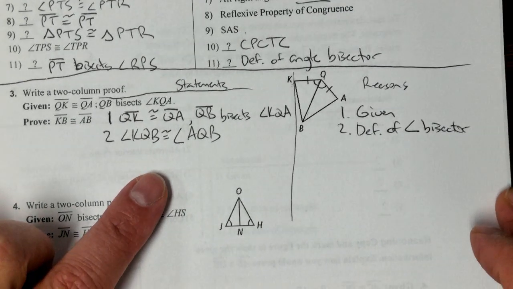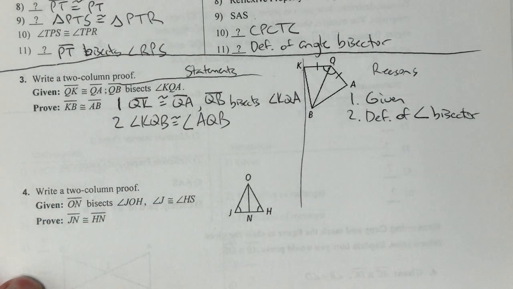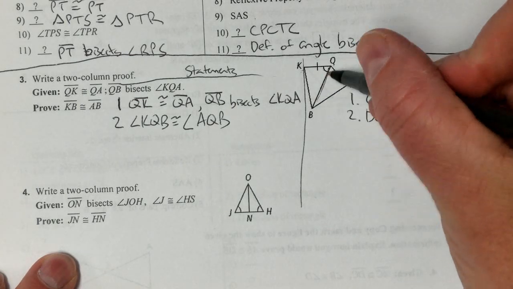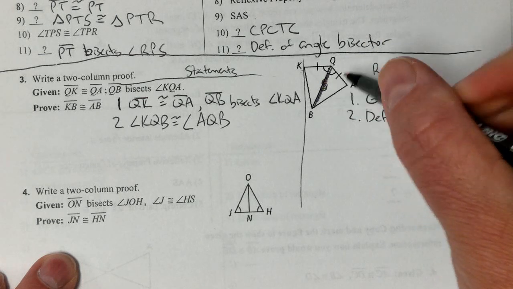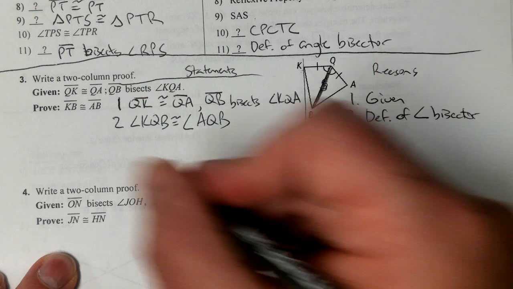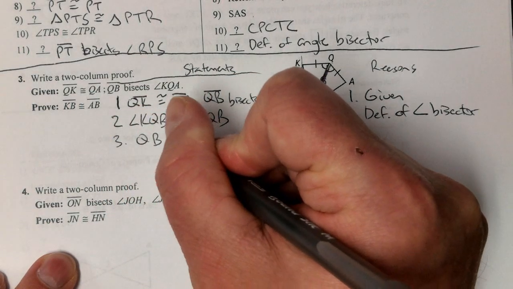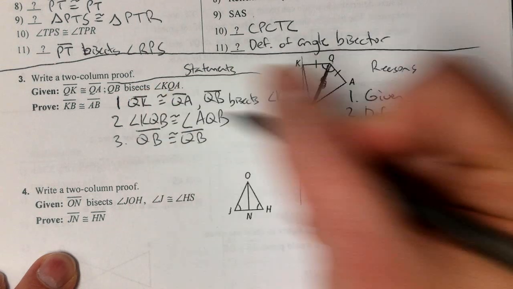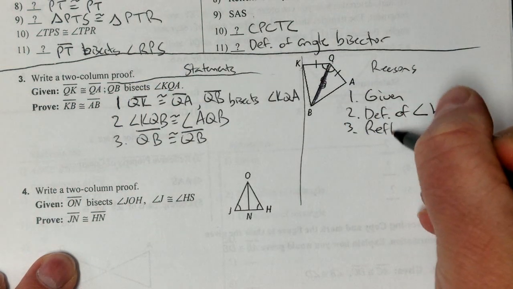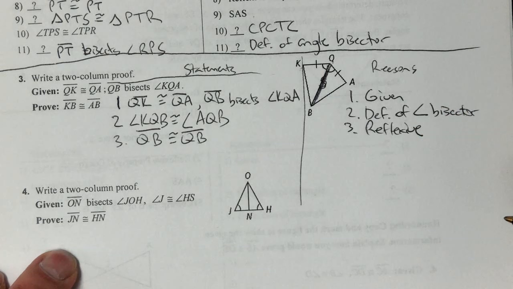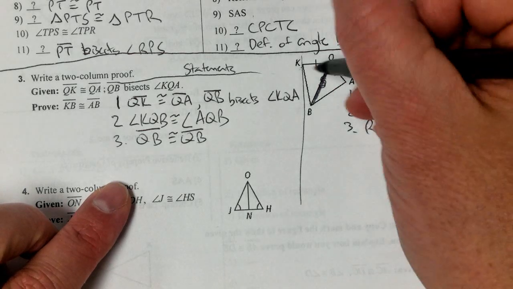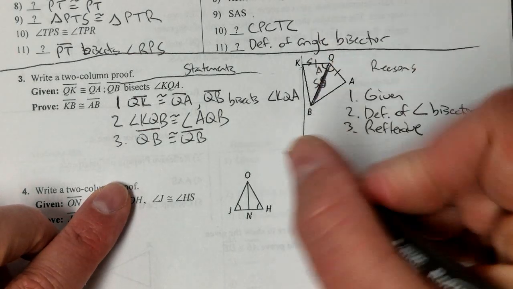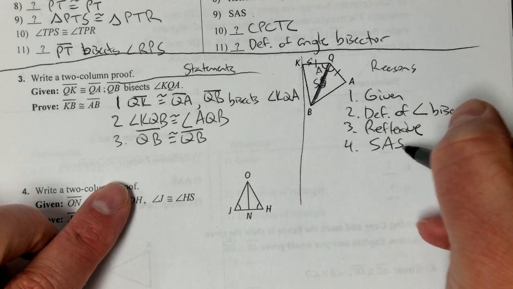Then, in order to prove our triangles congruent, we're going to use this congruent side, the reflexive side right there. And so that'd be QB congruent to QB. That'd be reflexive. And then we'd have side angle side for our triangle.